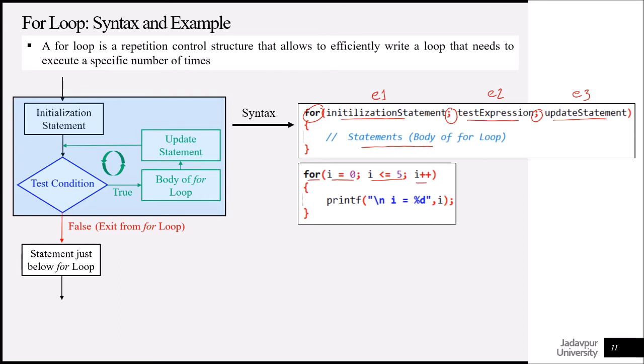And finally, there is the update statement, which is an increment of i. So i++ is provided here. Within the body of the for loop, there is a single printf statement that prints the value of i. So this program basically does the same thing as the while loop example that was provided before.